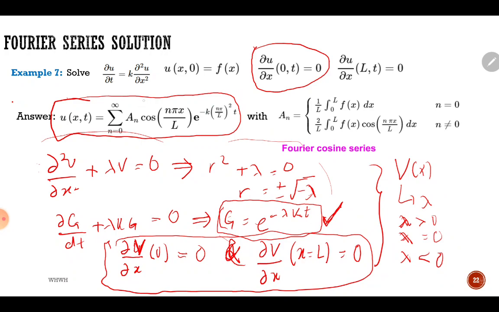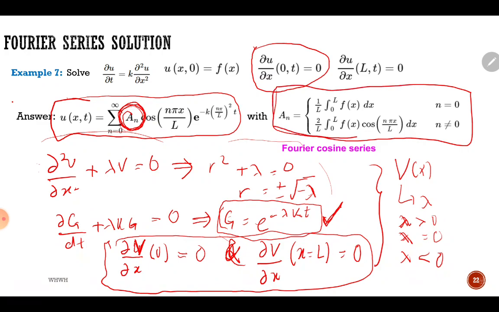When we see a n cos n pi x, this one we may consider for all possible solutions. So we will sum up all the solutions from n equals 0 up to infinity, following the Fourier cosine series. To get the a n coefficient, we use this formula, which we have discussed before in chapter 4.